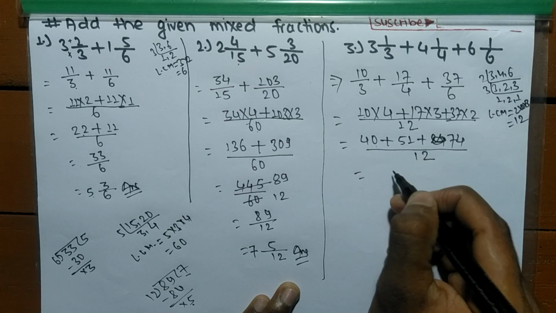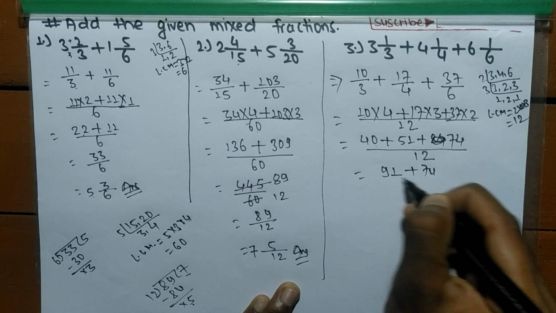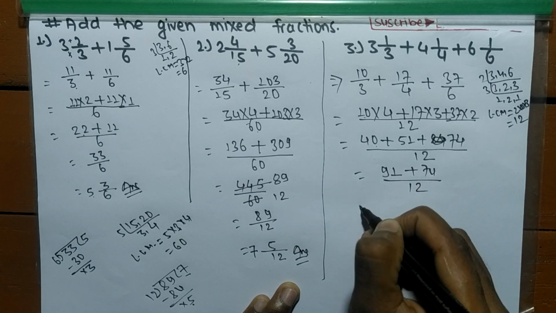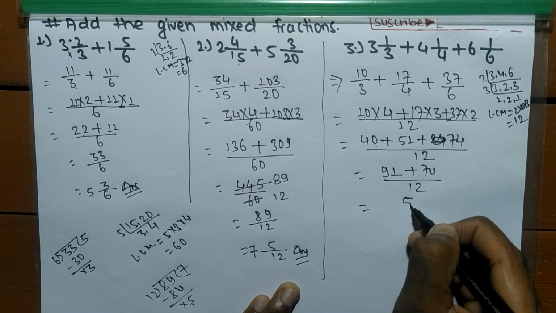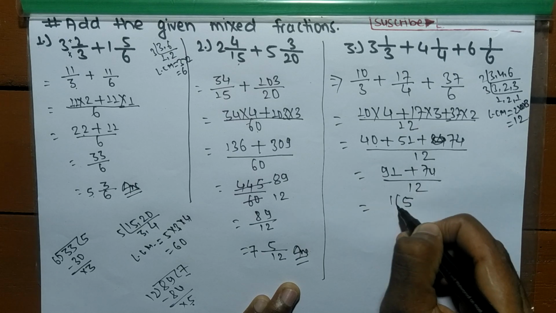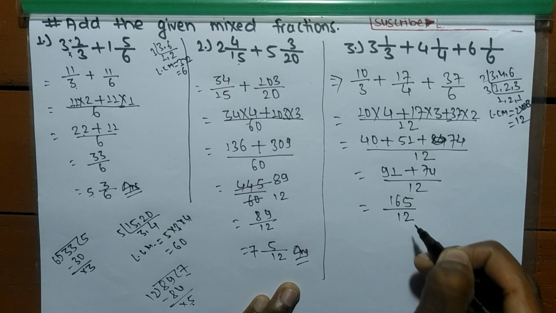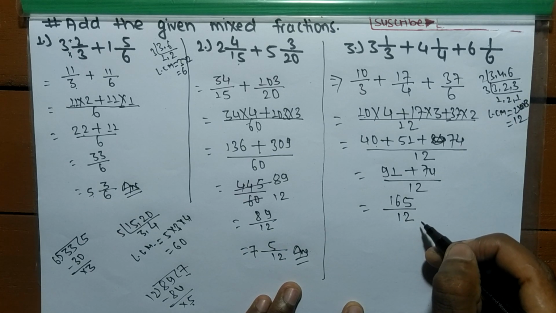So 40 plus 51, it means it is 91, plus 74, by 12. So 91 plus 74 means 1 plus 4 is 5, 9 plus 7 is 16, so we got here 165 by 12.